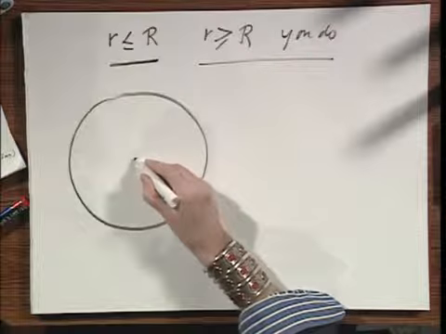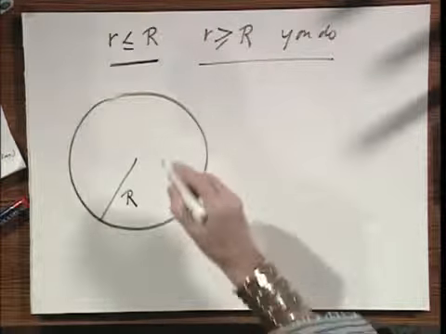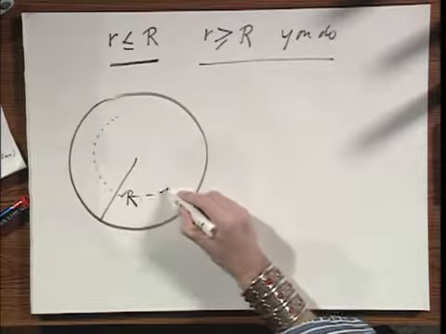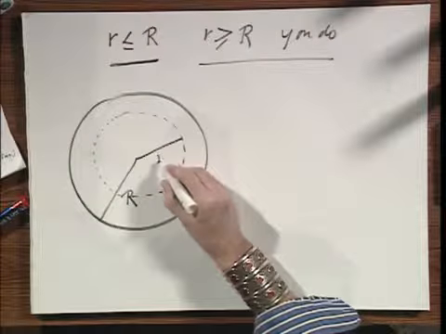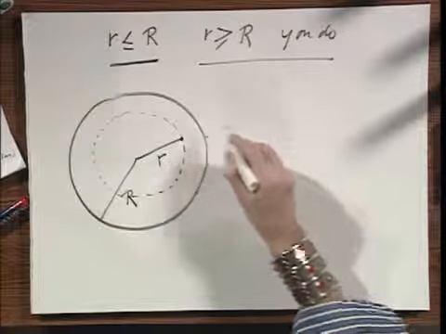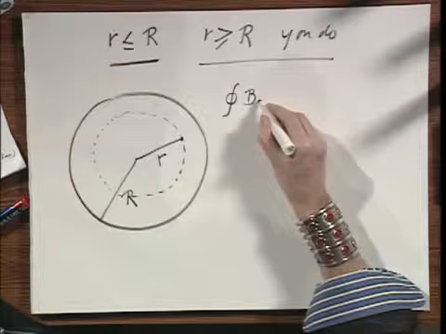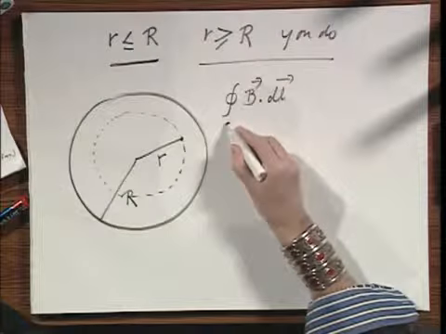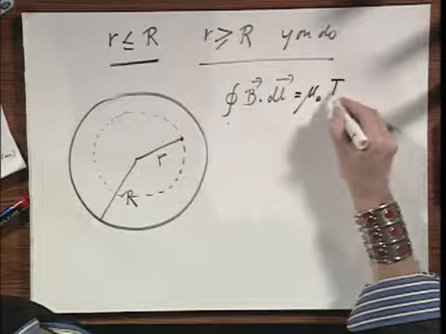Here is the cross-section, radius R, and I'm now going to apply Ampere's law. So I have here a closed loop. Remember Ampere's law? That connects a closed loop, which you must choose, to mu0 times I through.